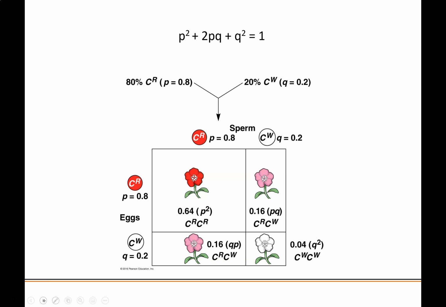So here's an example that shows how we might use our allele frequencies to calculate our genotype frequencies, and it's just another representation of how we get our P squared and 2PQ. So this diagram represents it as a Punnett square. We've got flowers here. We're actually looking at an incomplete dominance situation.